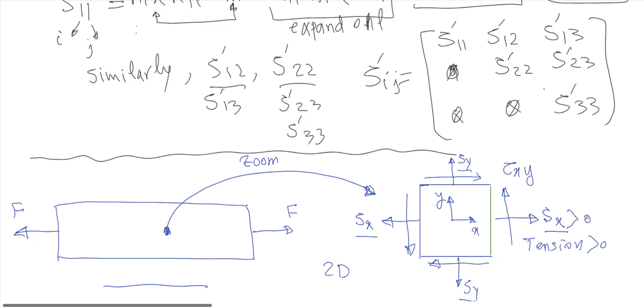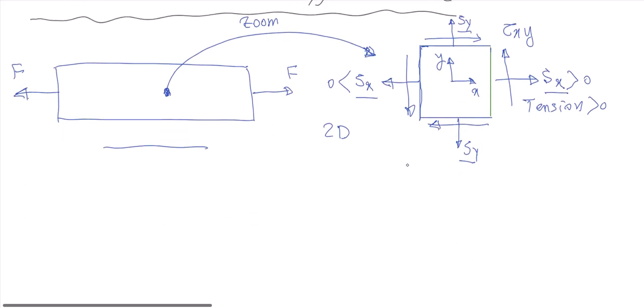This is also positive because this surface here has its normal in the negative direction, and your stress is also in the negative direction, so negative times negative becomes positive. Similarly for Sy. Now, tau xy is the same. On this plane, my normal is in the x direction, therefore my positive tau xy should be in the y direction. So these are the definitions that we have for stress signs.